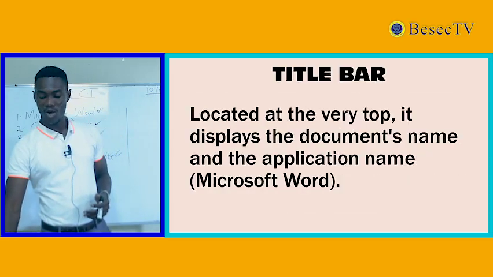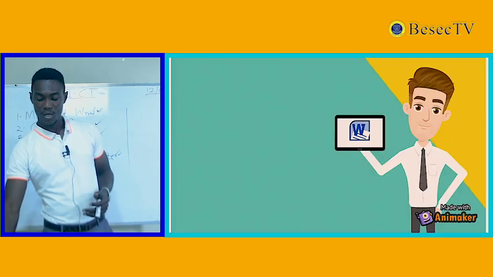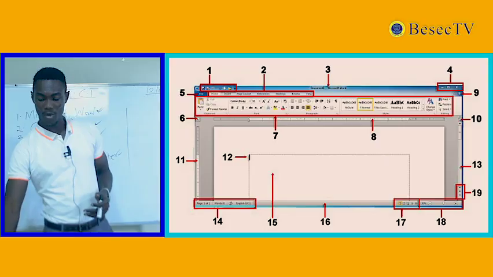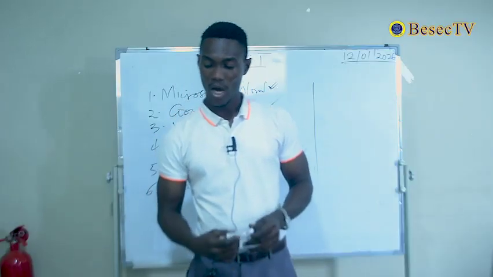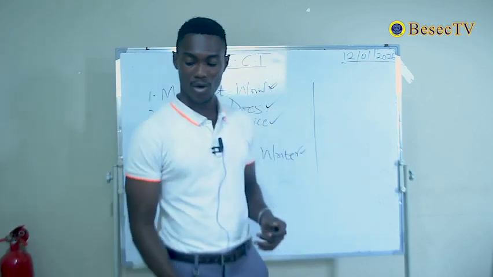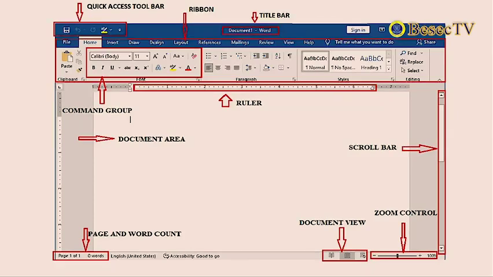So let's move back to our diagram of the interface of the MS Word window. As you can see, the arrow is pointing directly on the ribbon. And on the ribbon, you are seeing a whole lot of tabs.